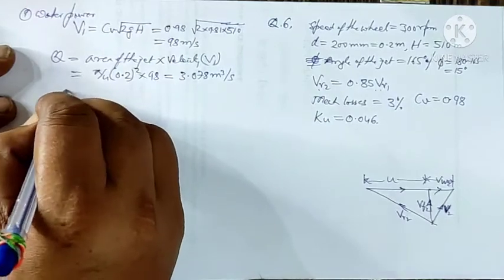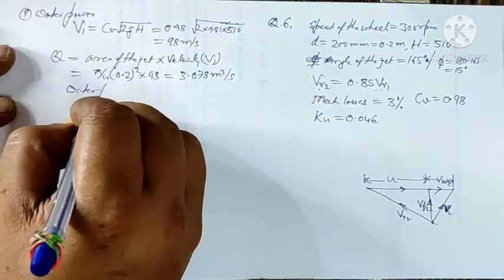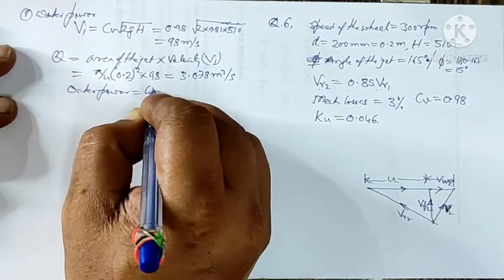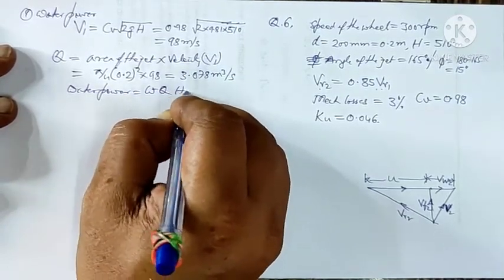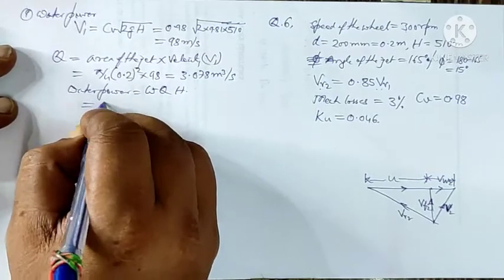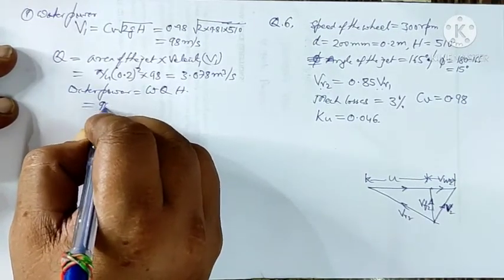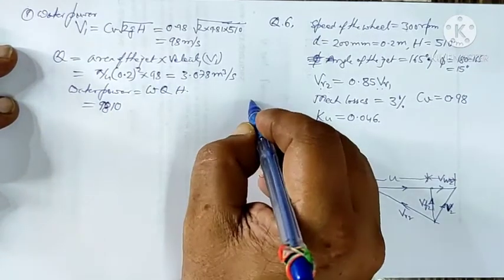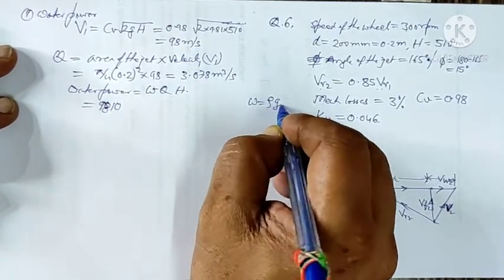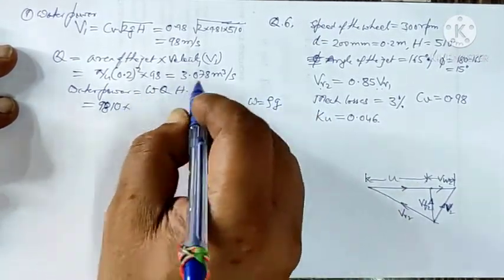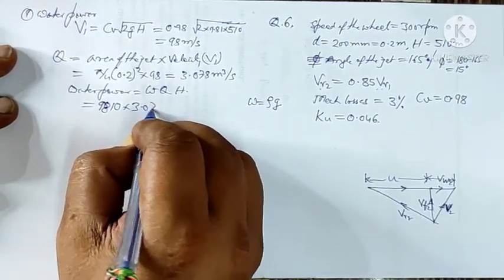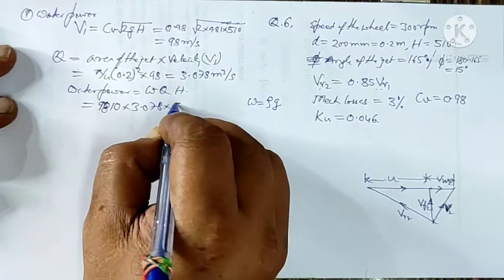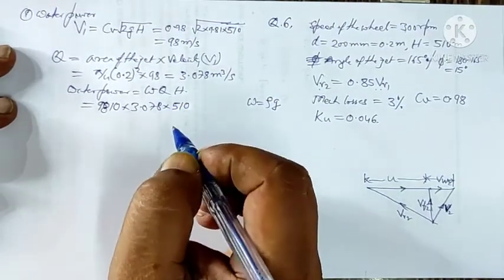Then the water power is given as W into Q into H. The value of W is 9810, that is W equals ρ into g, multiplied by Q we had calculated, multiplied by the head, which is given as 510.